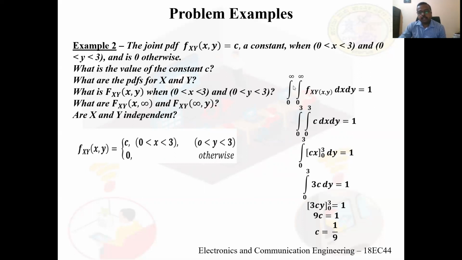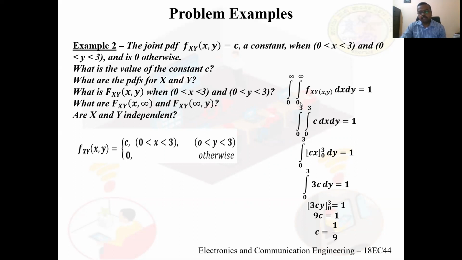So how do you write this integration now? The double integral from 0 to infinity of f_XY(x, y) dx dy is equal to 1. Now here the range is given for x as 0 to 3 and for y also 0 to 3. So how do you write this one? Integral 0 to 3, integral 0 to 3, c dx dy, equal to 1.